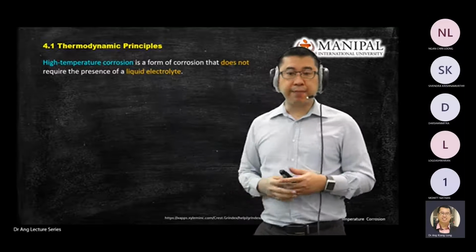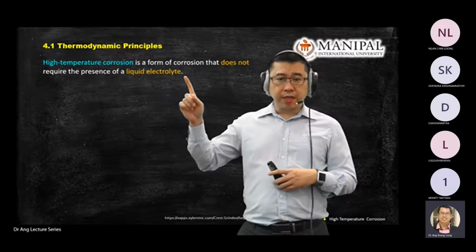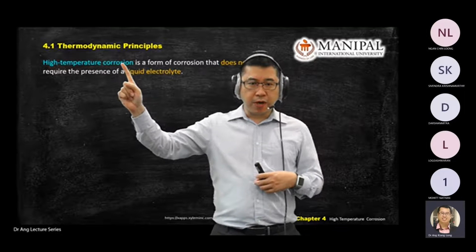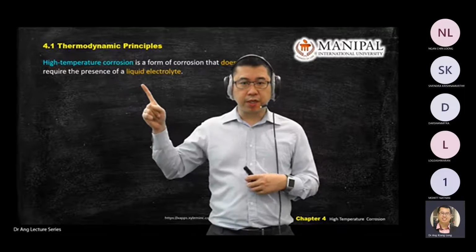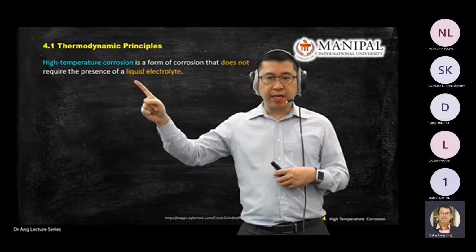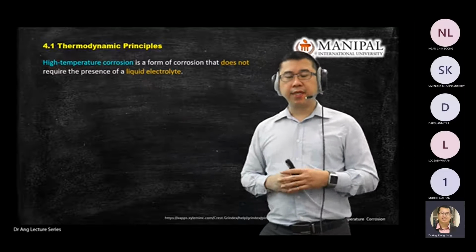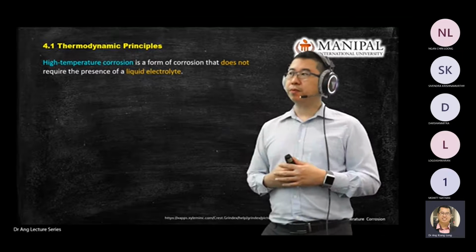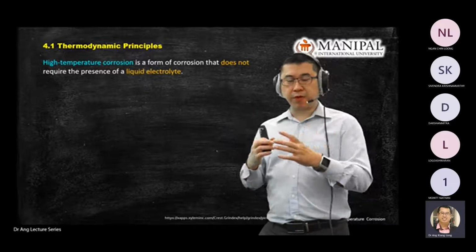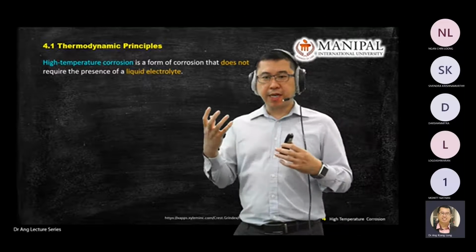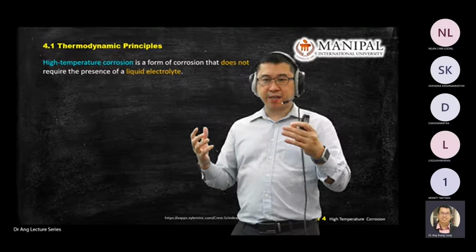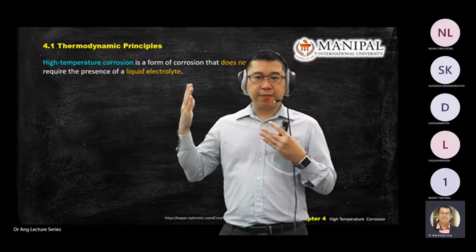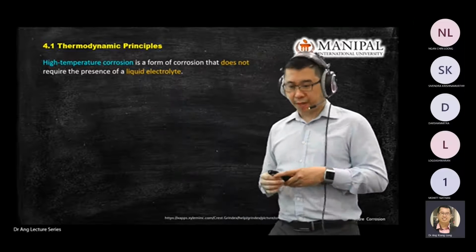When it comes to high temperature corrosion, the special thing about this chapter is that it does not need a liquid electrolyte, meaning there's no medium, the metal is not inside a solution, but corrosion is only because of the temperature. Okay.